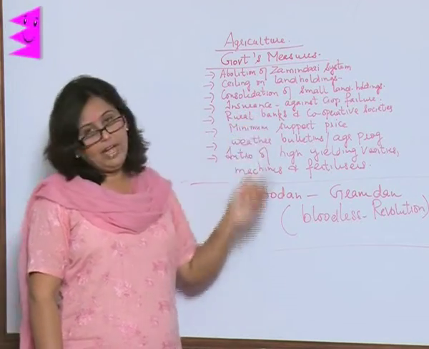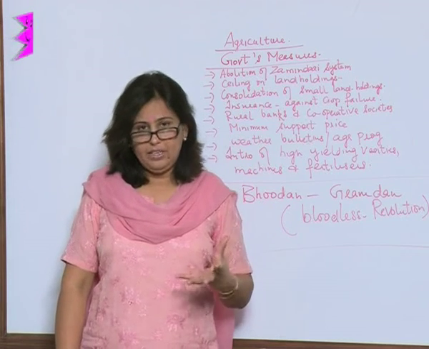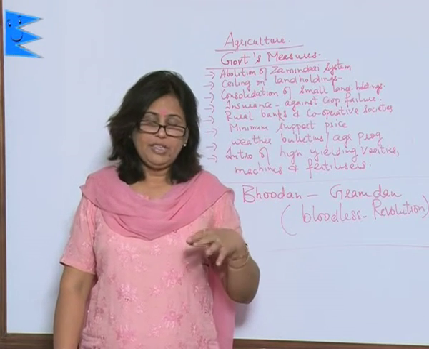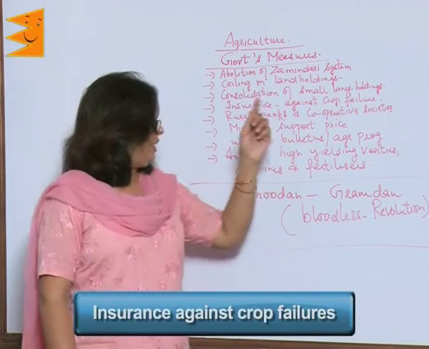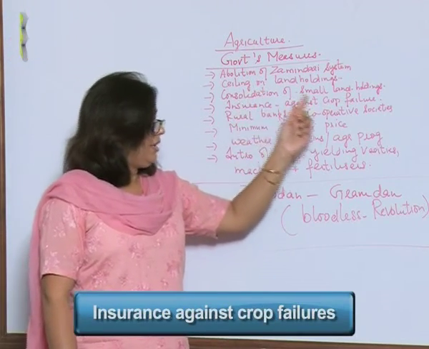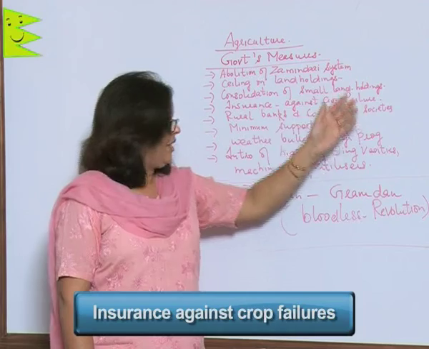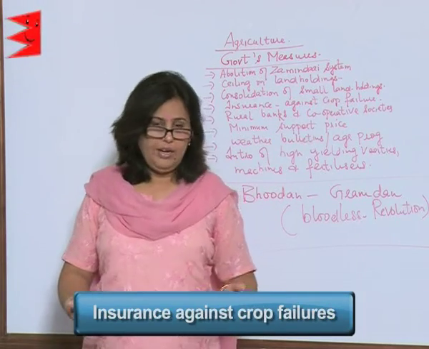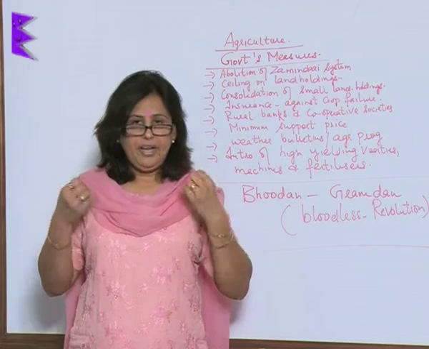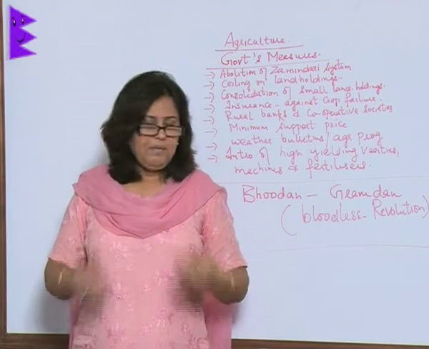Next is, what happens when the crop fails for a farmer? He almost has a heart attack. So, the government has ensured certain measures which insure him against crop failure due to any reason, the drought or heavy rainfall, whatever the reasons are.